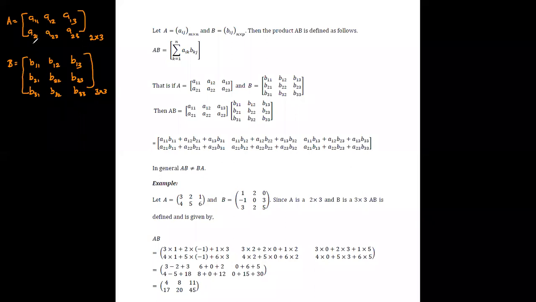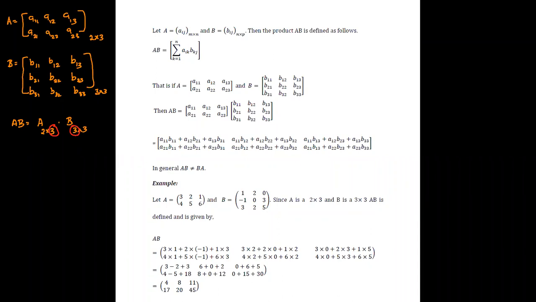If you're supposed to obtain the matrix product AB, then first we need to check whether the matrices are conformable for multiplication. Then you can say that matrix AB can be obtained as A times B. A is a matrix having 2 rows with 3 columns. Matrix B has 3 rows with 3 columns. Now if you check the condition, the number of columns in the first matrix is equal to the number of rows in the second matrix.